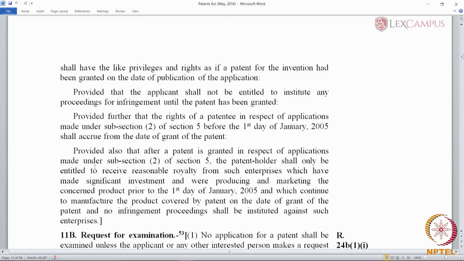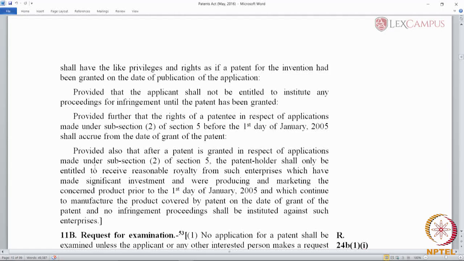So, the earlier law only allowed for process patents for pharmaceuticals. Now, after we became a member of the WTO, we had to bring this change into the Act, and as we mentioned earlier, India took the benefit of a 10-year transition period between 1995 to 2005 to bring these changes.